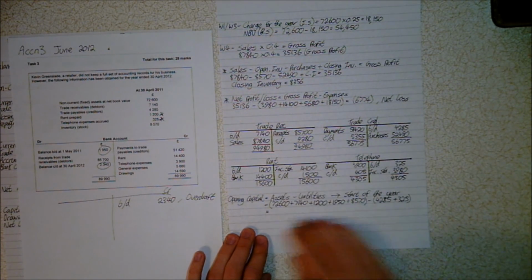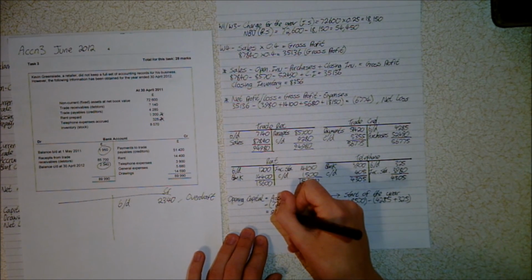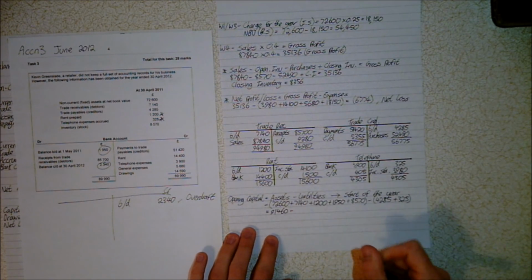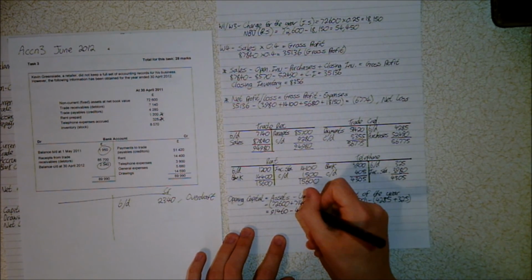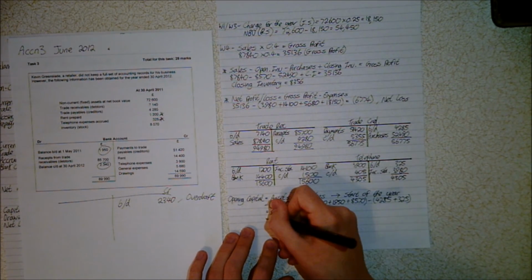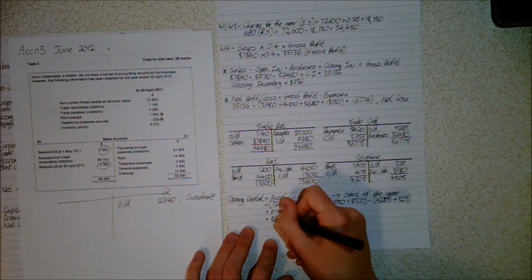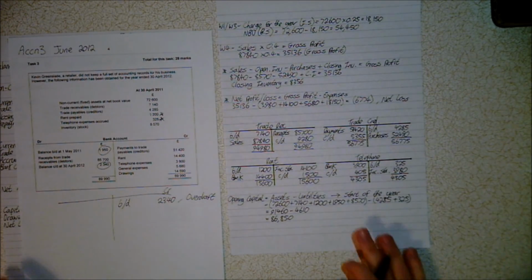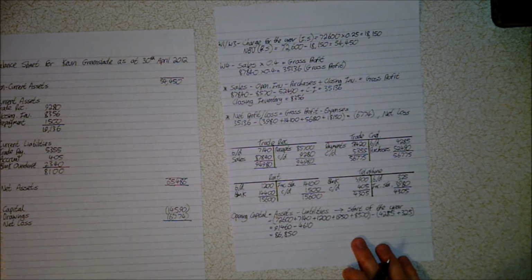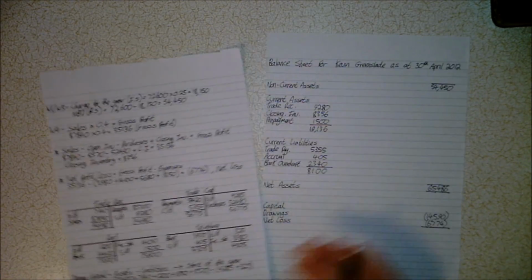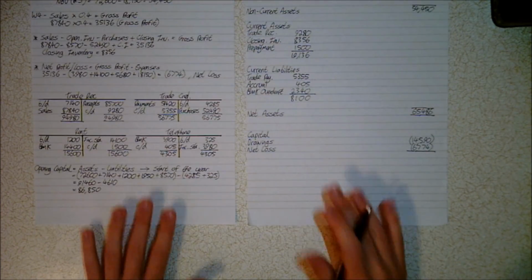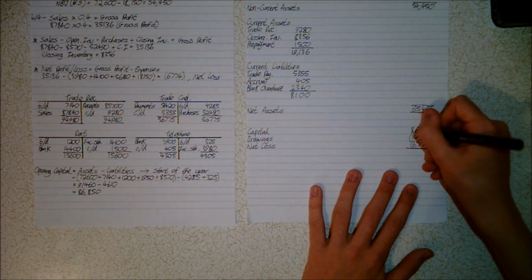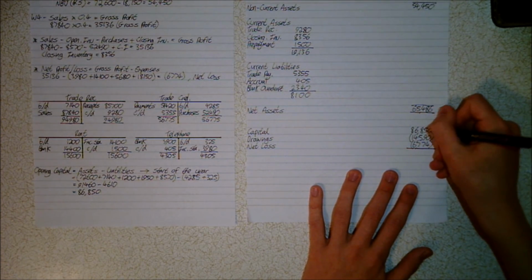So if you add all your assets up, that's going to come to 91,460, and then my liabilities come to 4,160. So my opening capital is actually 86,850. Okay, so now that figure is just going to get put into the balance sheet. We've found the capital figure, 86,850.